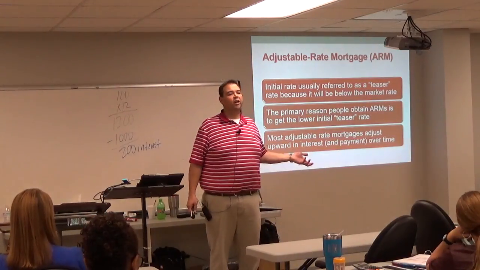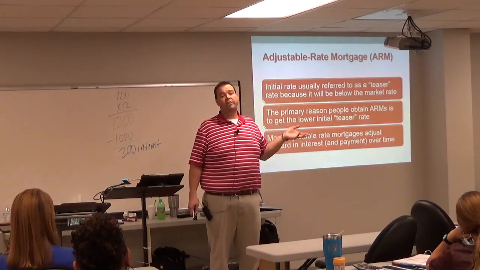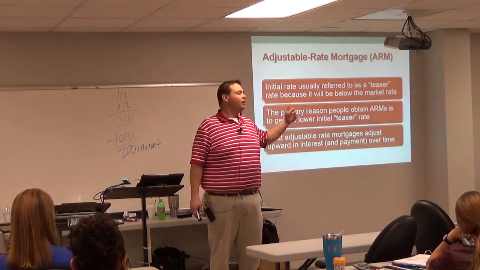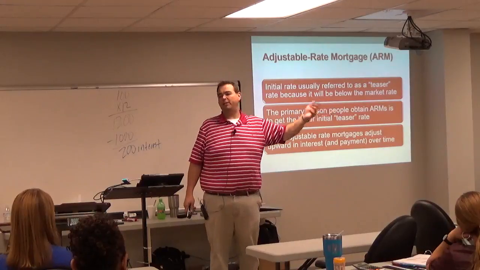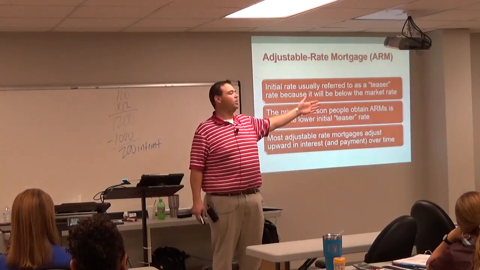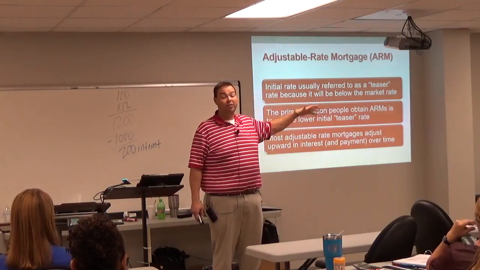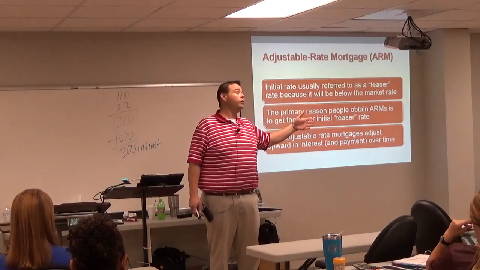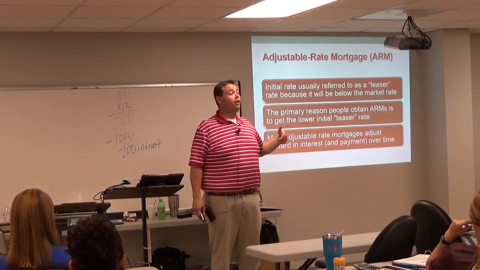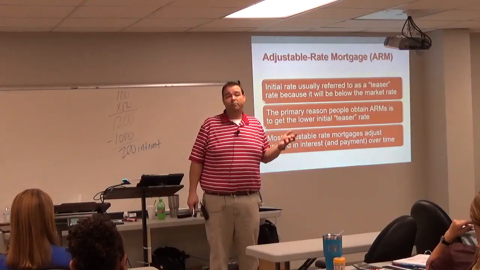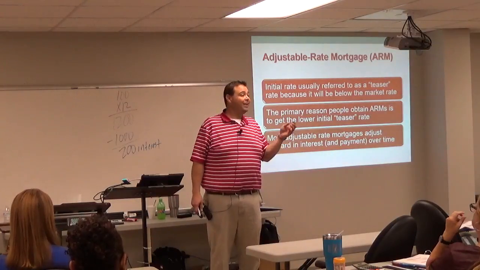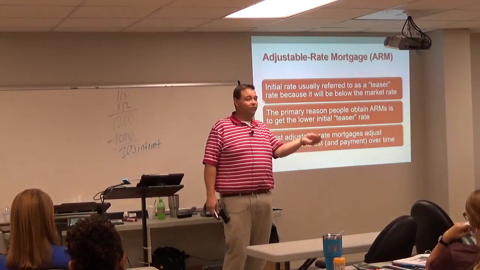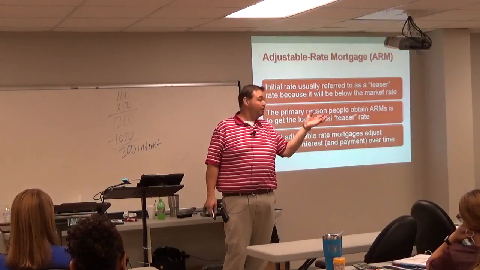So if you've got a young couple who's buying their first home, they don't have any children yet, but they're planning to have a family, there's a pretty high likelihood that they're going to sell this place and buy another before they even get to the first adjustment cycle on that note. Does that make sense for everybody? And if they're going to do that, then that adjustable rate's the best deal they can possibly have because they got that super low interest rate for the first 5 years. Does that make sense for everybody?